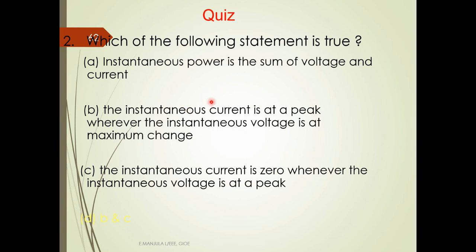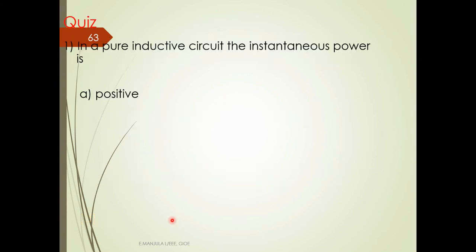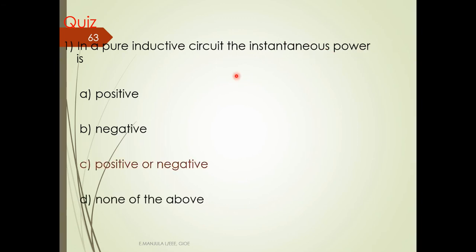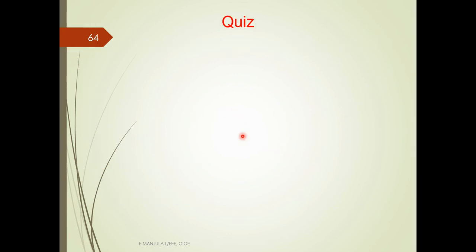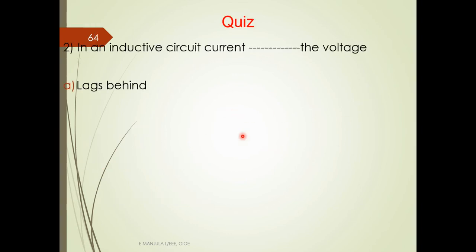This is for the capacitor and inductor. In a pure inductive circuit, the instantaneous power is both positive and negative, as we have observed in the waveforms. In an inductive circuit, the current will always lag behind the voltage.